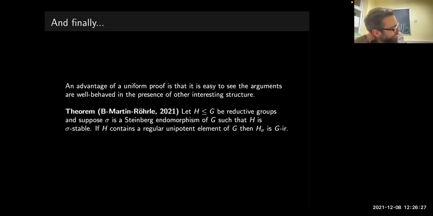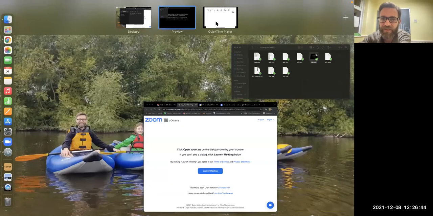For a really quick proof in characteristic 0 that these things have to be irreducible, maybe I'll write it down. It is super quick.